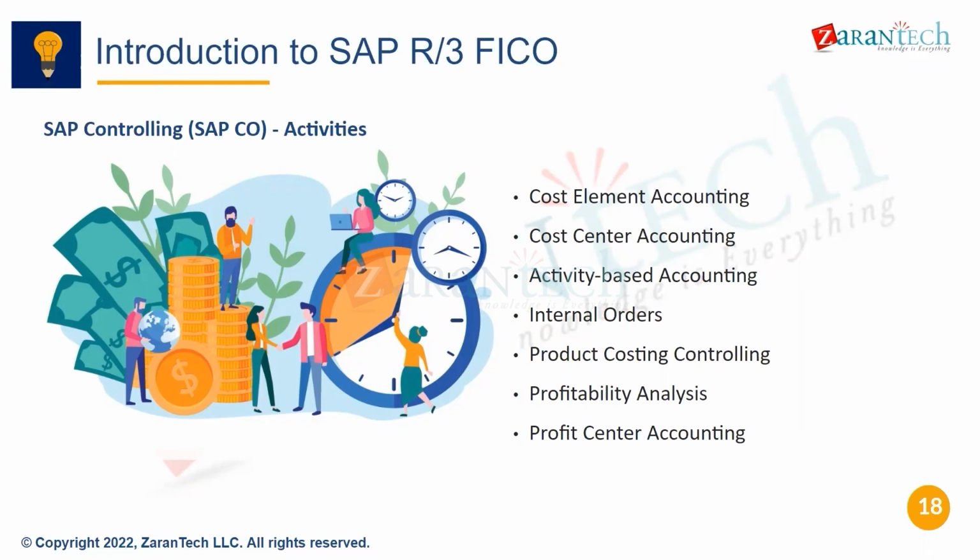So to drill down to the deepest level to analyze the profitability, it is not possible in any other module. So the profitability analysis is the only module which provides this kind of analysis, the profitability segment level. So deep drill down is possible with the profitability analysis module, which is also called COPA.